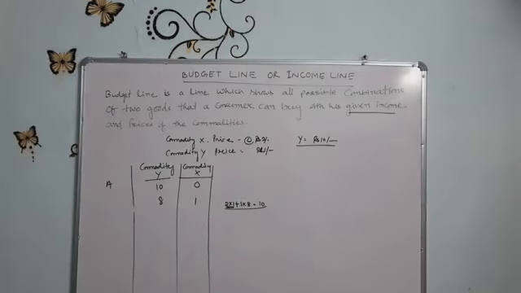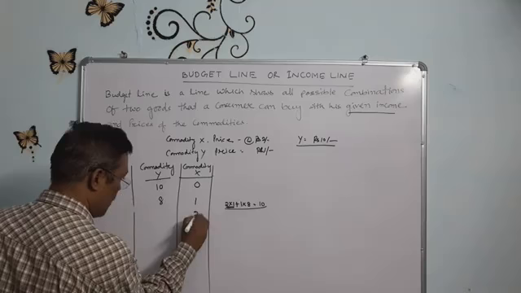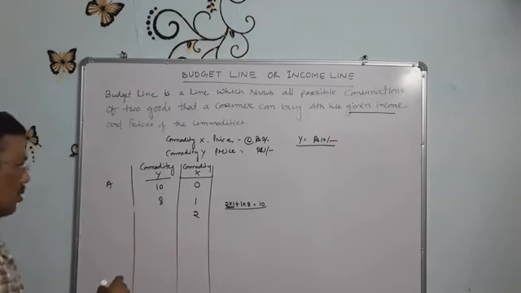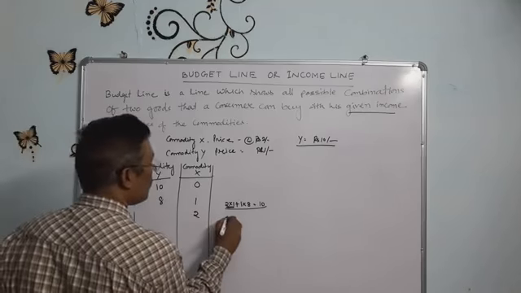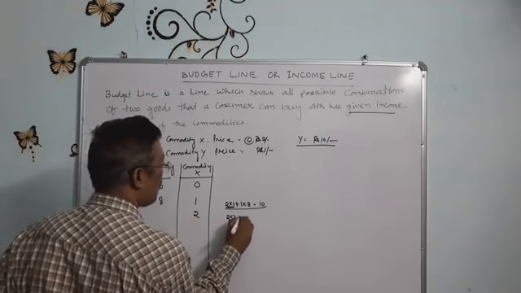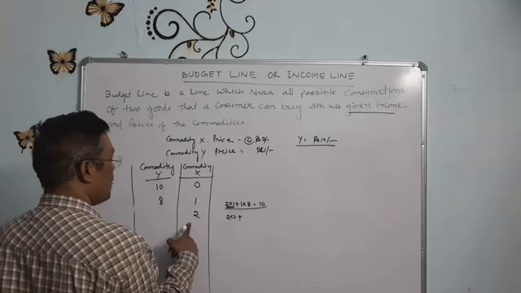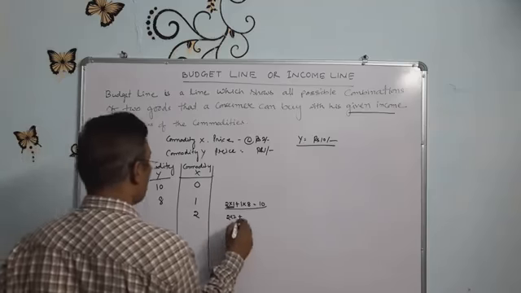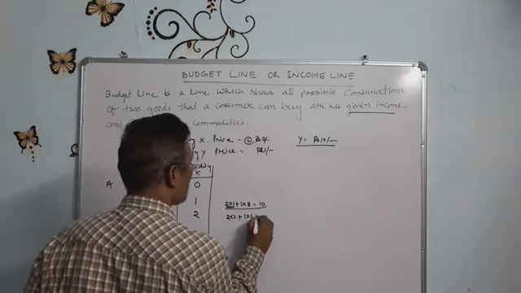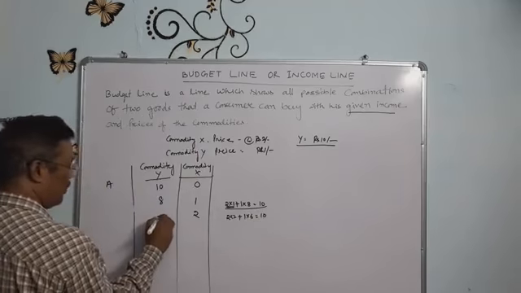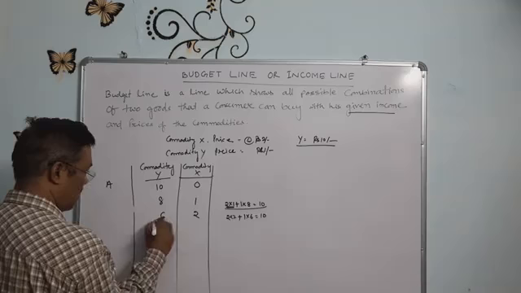Similarly, if you purchase 2 units of good X, 2 into 2 equals 4 rupees, and the remaining is 6 rupees, so 1 into 6 equals 6, giving the combination 2 and 6.